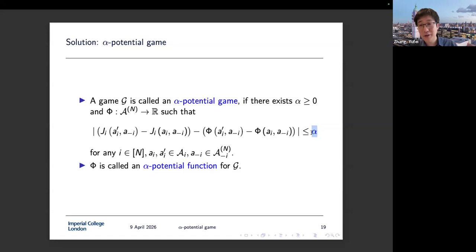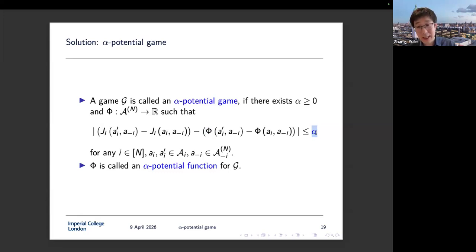If such a function phi and alpha exist, we call this function phi an alpha potential function, and we call this game an alpha potential game. You can see this seems to be a very natural generalization of the potential game. In particular, in the potential case, this essentially means that alpha is equal to 0.